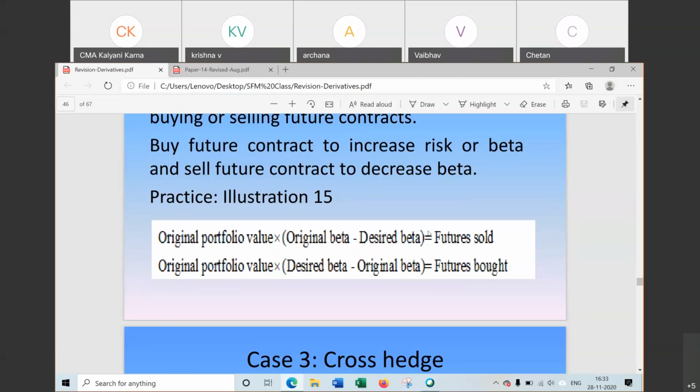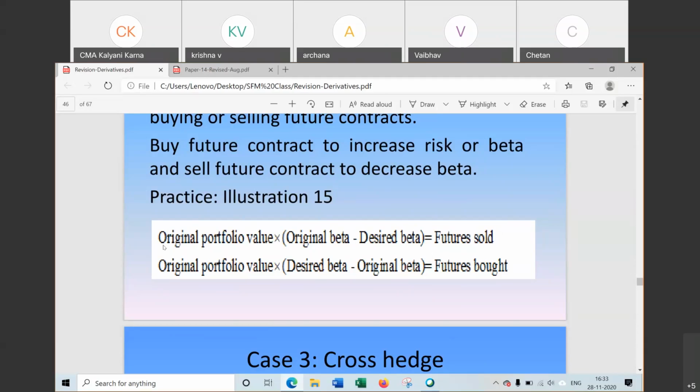How can beta be decreased? We can sell some of the assets to decrease the beta. So the value of future contracts is sold here to decrease the value of beta. So to decrease the beta, this formula will be used.